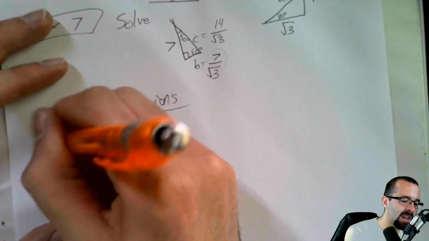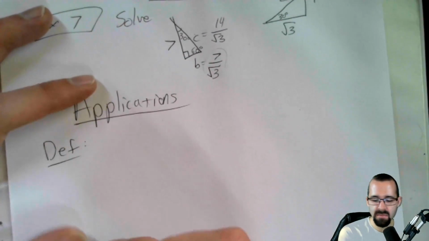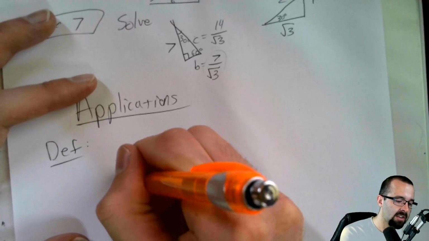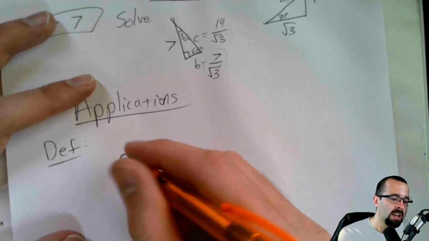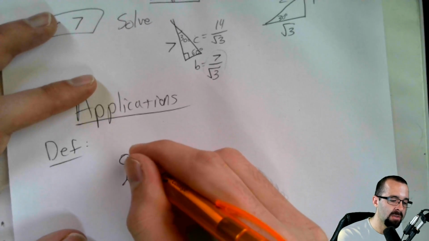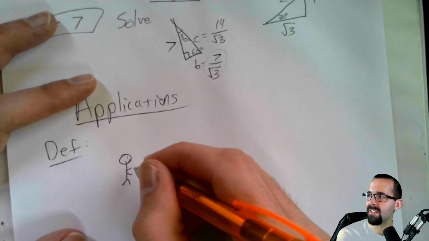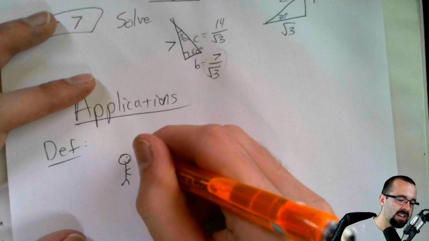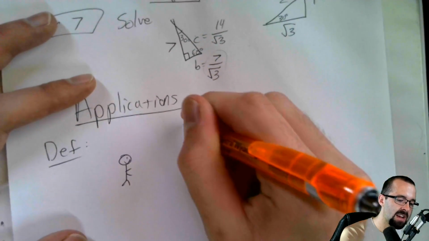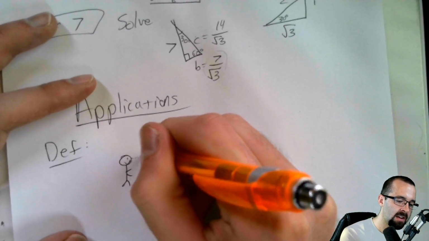So before we do this, we got some definitions for everyone. Say you're a stick figure. I apologize for you losing your third dimension. Say you're a stick figure and you're really happy, kind of a one-eyed cyclops stick figure. And you're looking at the top of a building or something.